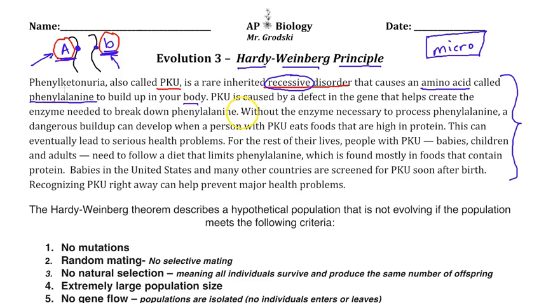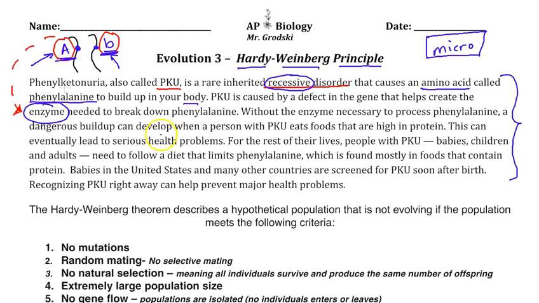And of course, that becomes a very dangerous scenario. PKU is caused by a defect in the gene. It helps create an enzyme. That's important. An enzyme is actually a protein, and a bunch of amino acids that this gene codes for makes a protein. So as we talked about, it's important we understand that these genes code for proteins that often or not are enzymes that help chemical reactions occur in our body that we need.